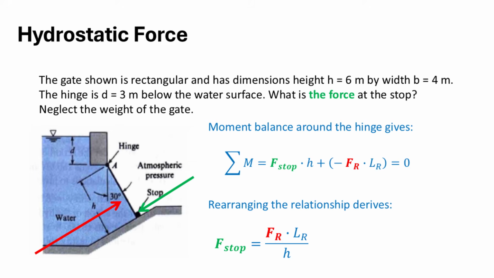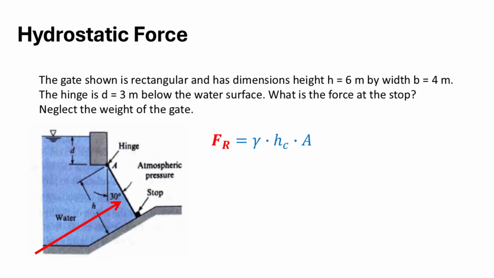This is another unknown at this moment. As explained in another video, the hydrostatic force acts at the center of pressure, not the centroid. Therefore, this moment arm length will be the distance from the center of pressure to the hinge. And we'll be taking care of this parameter as well.